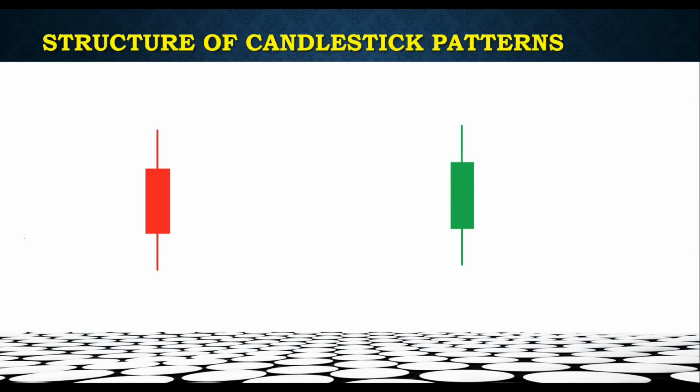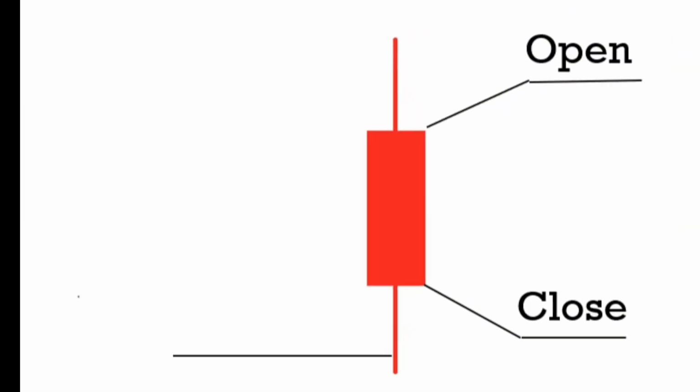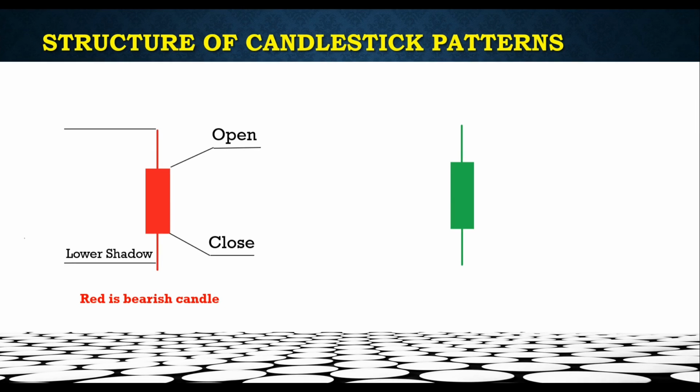This is the structure of bearish candlesticks. The top of the body represents the open price, and the bottom of the body represents the close price. The wicks or shadows show the highest and lowest prices during the time period.